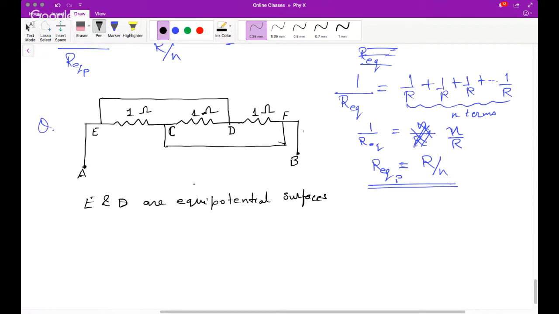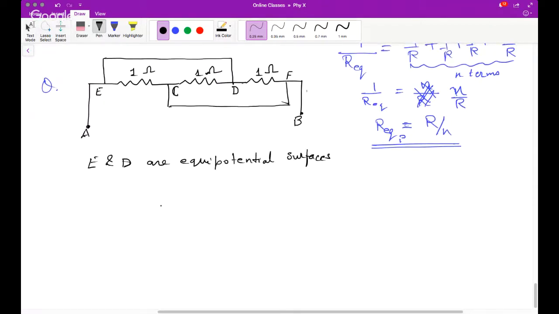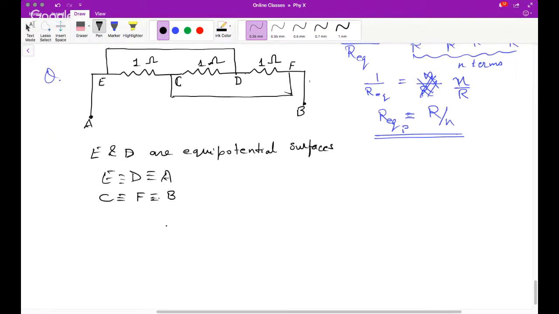So can I now redraw this? Basically E is equivalent to point D and C is equivalent to point F, and E is equivalent to D is equivalent to A, and C is equal to F is equal to B. Let us draw this.